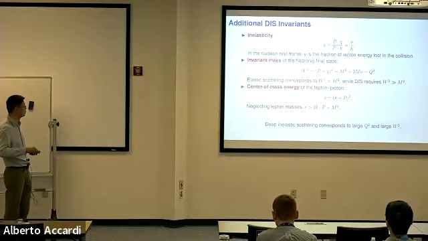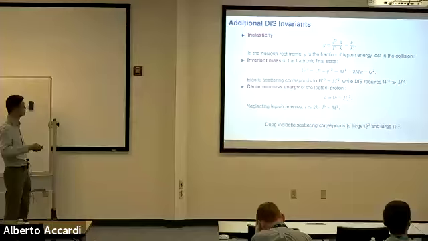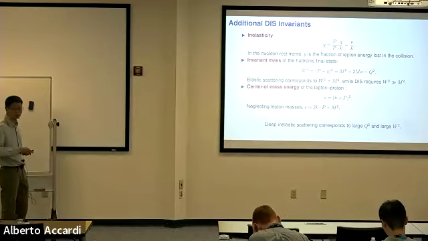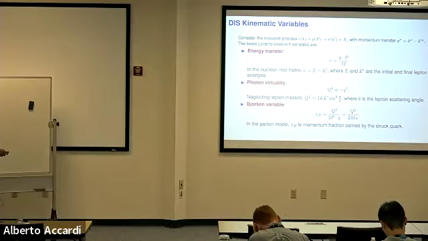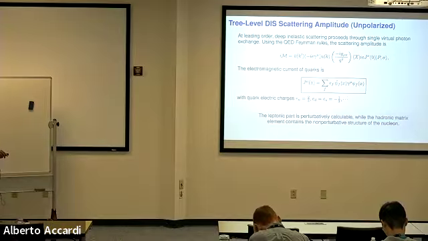Generally, when we talk about deep inelastic scattering, we want a large Q², large resolution, and also a large center-of-mass energy of the photon plus proton. So these 6 variables are typically used to characterize the deep inelastic scattering process.